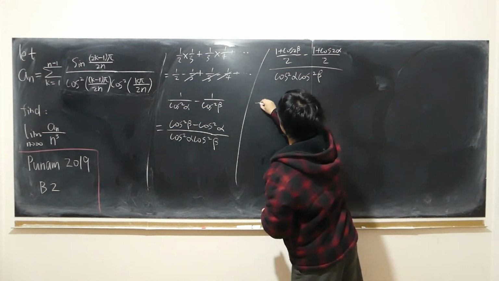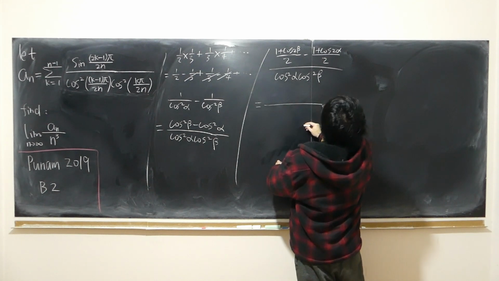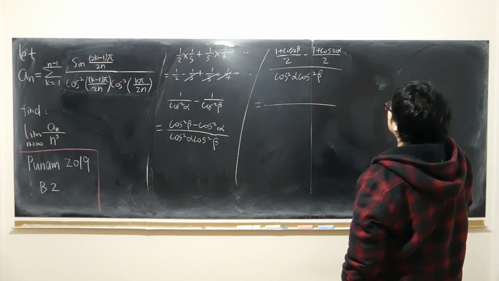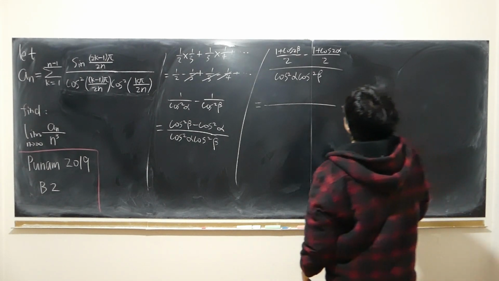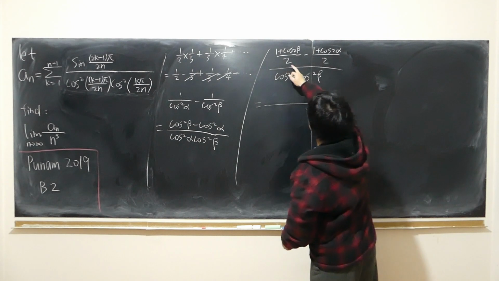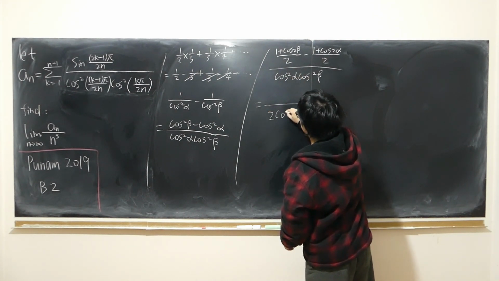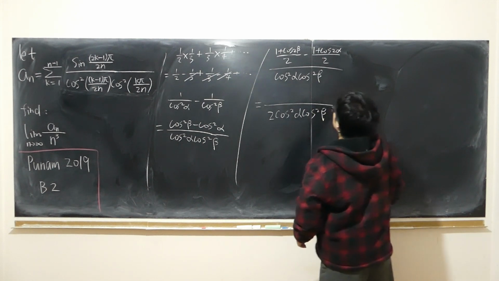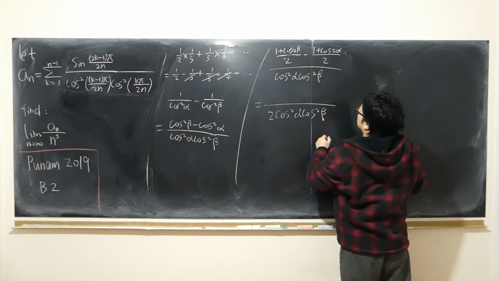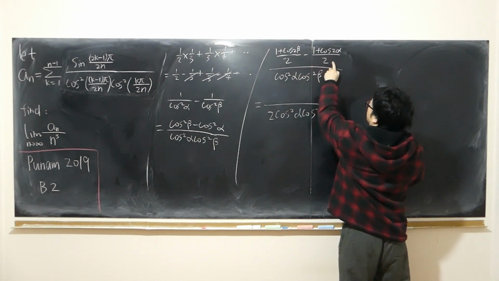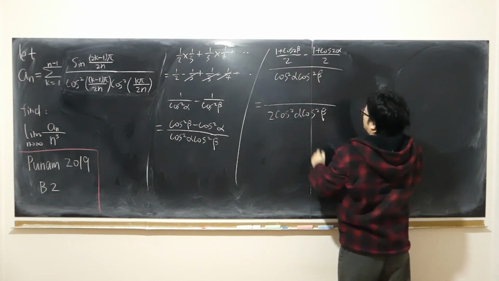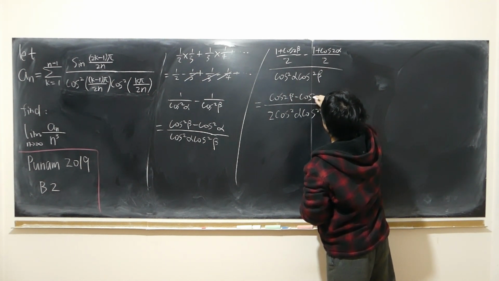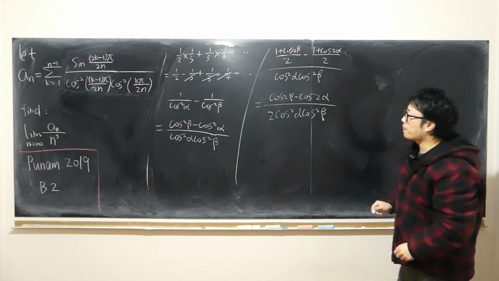So this is equal to, I'm just going to move this 2 down here. Cosine square alpha, cosine square beta. And the half just cancels out. So half comes down here. Cosine 2 beta minus cosine 2 alpha, that's what we have.